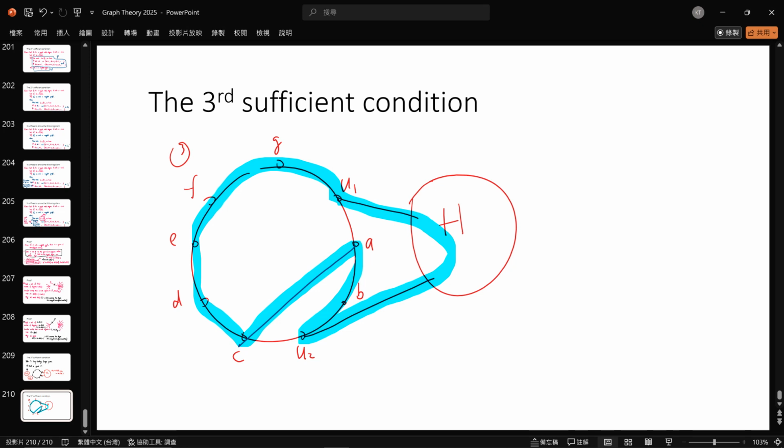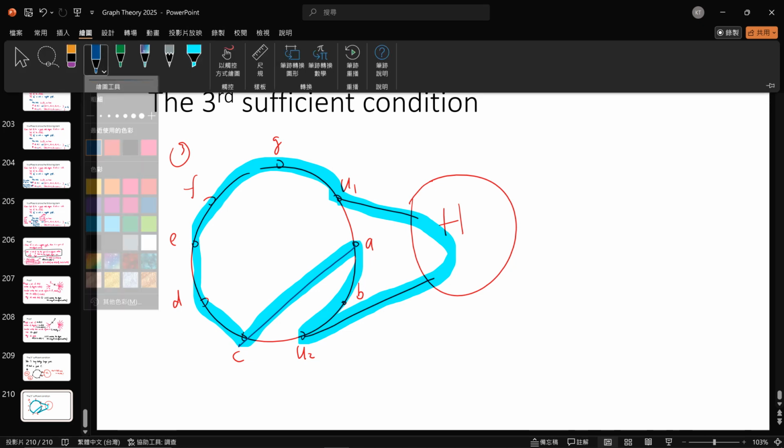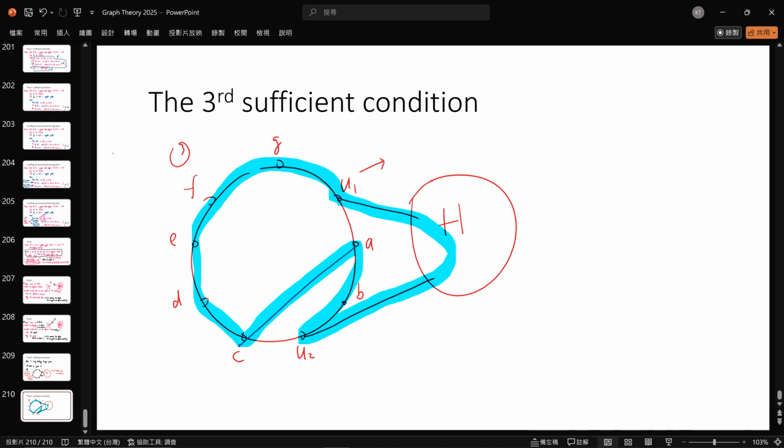We look at their clockwise neighbors. So if these 2 vertices are both adjacent to H, and their clockwise neighbors are adjacent to each other, with H in the middle, then in fact we can find a larger cycle. Next I'm going to name these vertices. U1 and U2, I'm going to call them the connectors, in the sense that they somehow connect the cycle and the component. And I'll call C and A the followers.